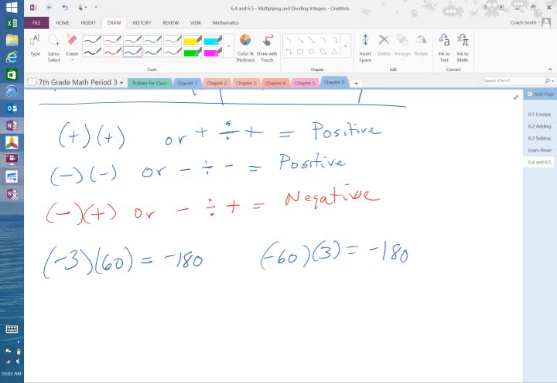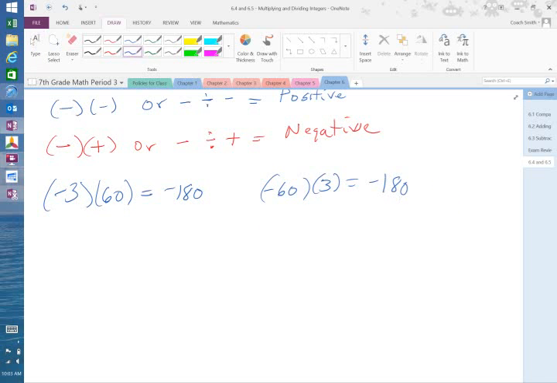Okay? Now, one of the ways they're going to show division is they're going to do this. Negative 60 over 2. Okay, that is a division problem. Remember, this is the same thing as that right there. Okay, the negative sign doesn't have any bearing on what we do with the problem itself.